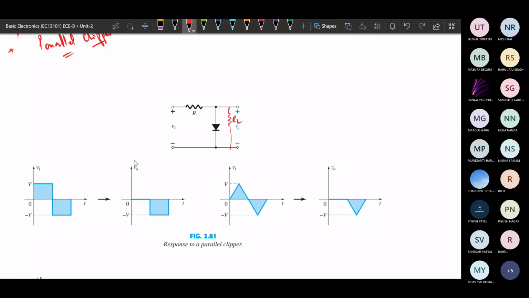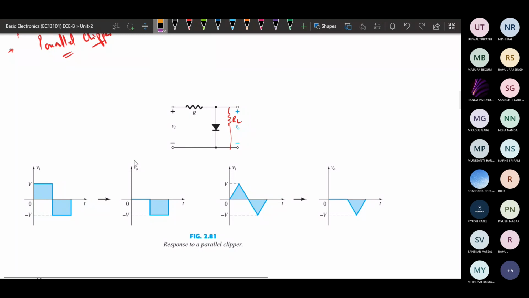Here the diode will basically be replaced by either a short circuit or an open circuit. If it is open circuit, no current will be flowing, so whatever voltage is across the input will be the output.